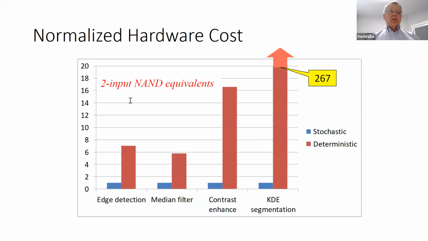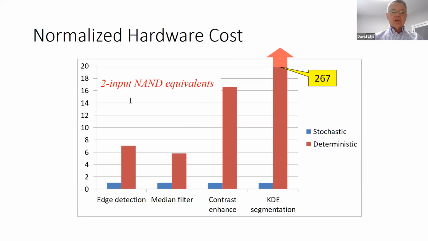Well, if I just look at the normalized hardware cost, so this is looking at the two-input NAND gate equivalents to generate these circuits. And I normalize that to the cost of the stochastic implementation. So the stochastic implementation is 1, the blue bars. And the edge detection, you can see that's about 7 times more expensive than the stochastic implementation.